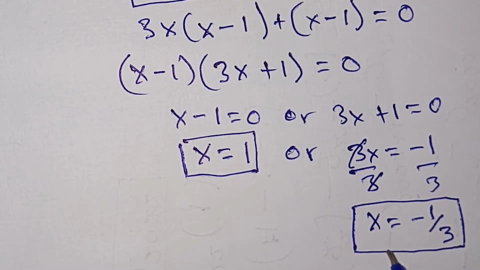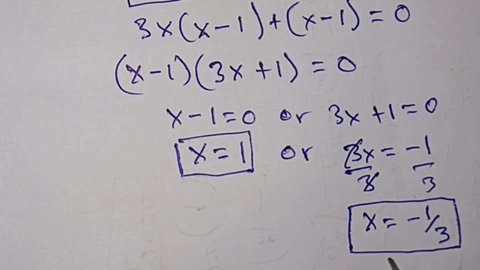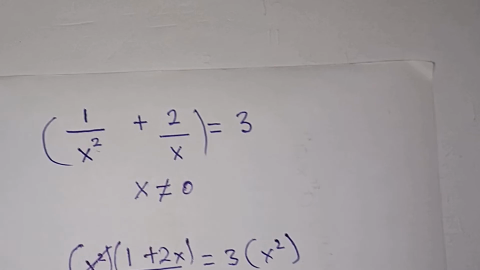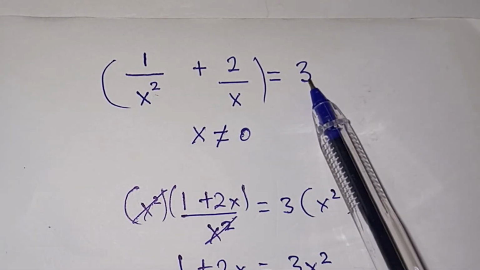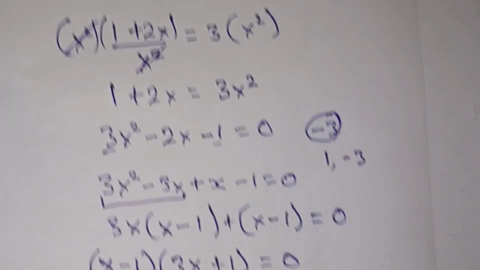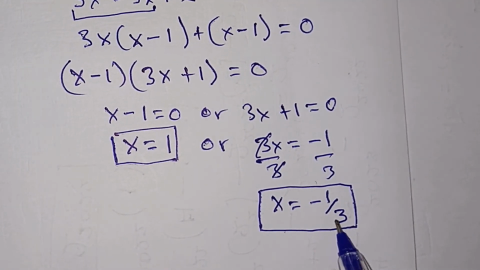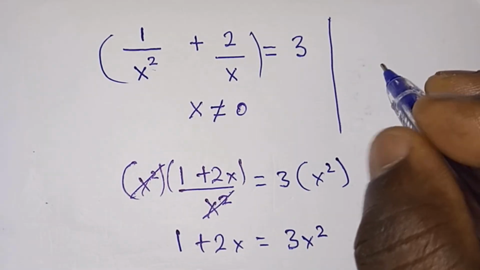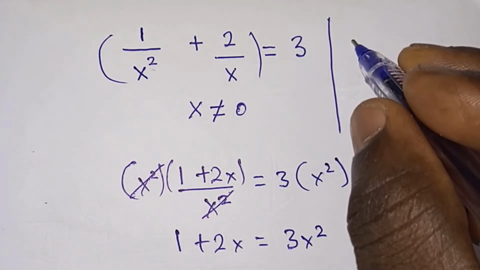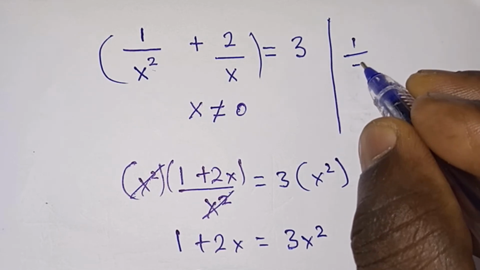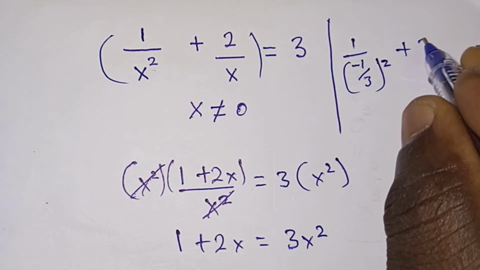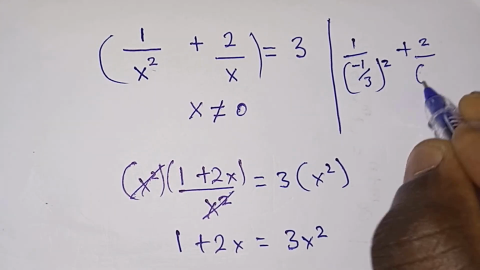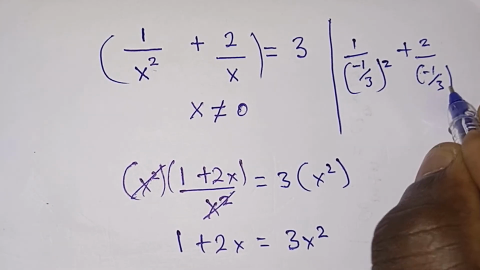So let's go ahead and then put the value of x into the equation to see whether they satisfy the equation. It is rather obvious that if you put x is equal to 1 into the equation, you will definitely get 3. So let's go ahead and then test for x is equal to negative 1 over 3. I'm writing it here. We're going to have 1 over negative 1 over 3 squared plus 2 over negative 1 over 3.